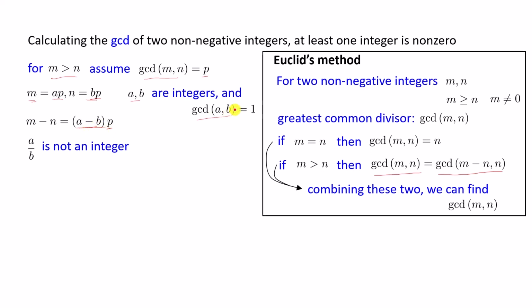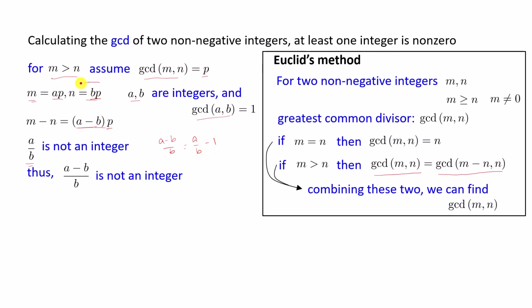That will not happen. The integer at max could be 1, but otherwise it cannot happen. a by b is certainly not an integer. It has to be some rational number. Thus (a minus b) by b is not an integer because a by b is not an integer. (a minus b) by b is a by b minus 1. That also cannot be an integer.